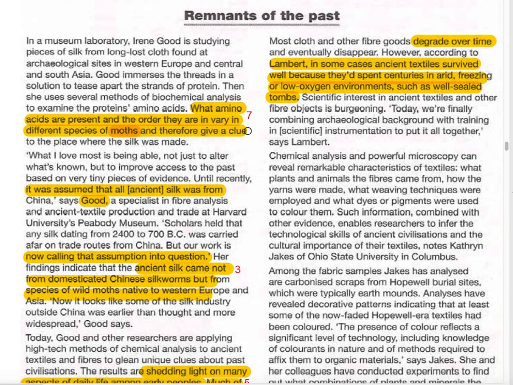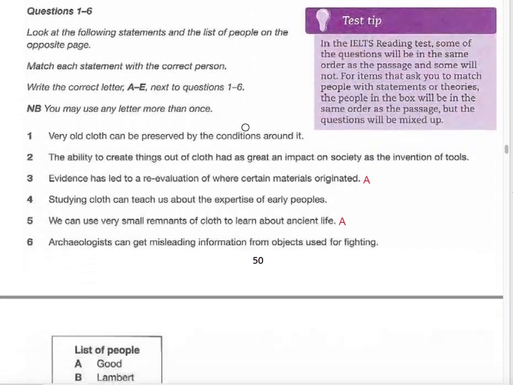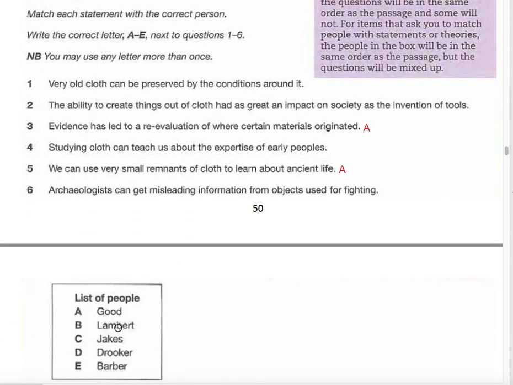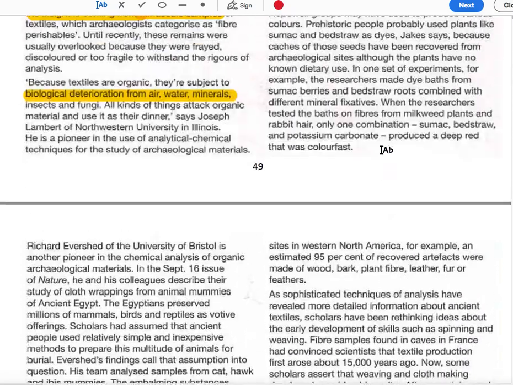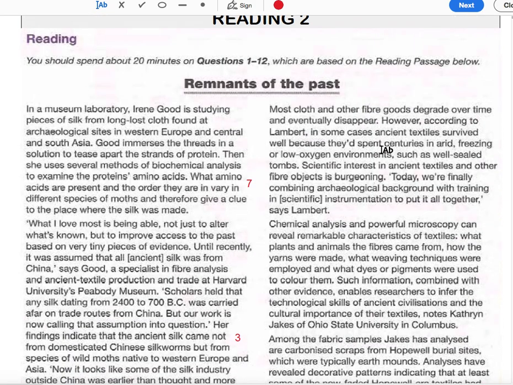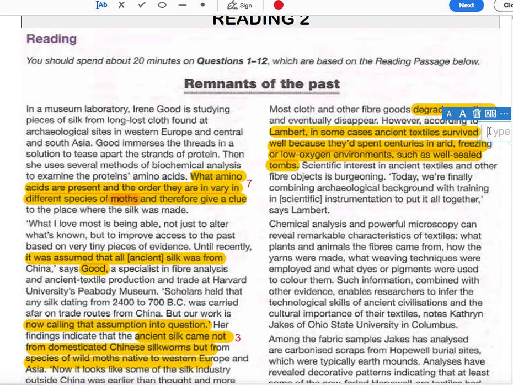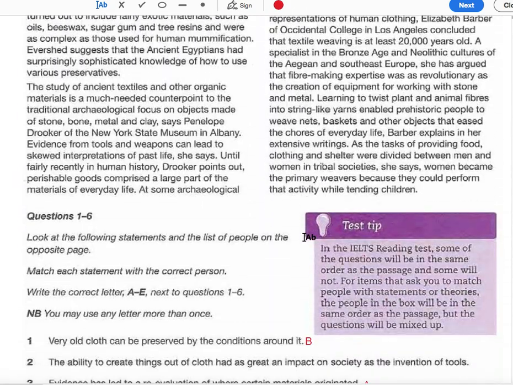Yes, Lambert. B for number 1. Okay. B. Okay, and up here, number 1. Okay, good.